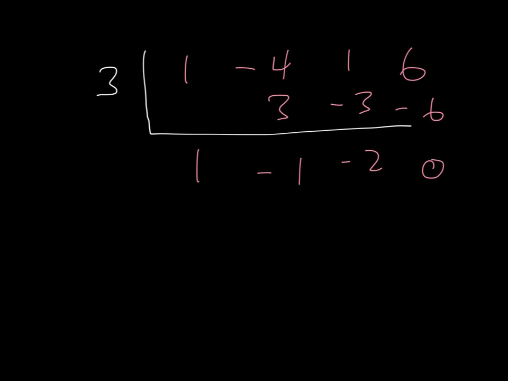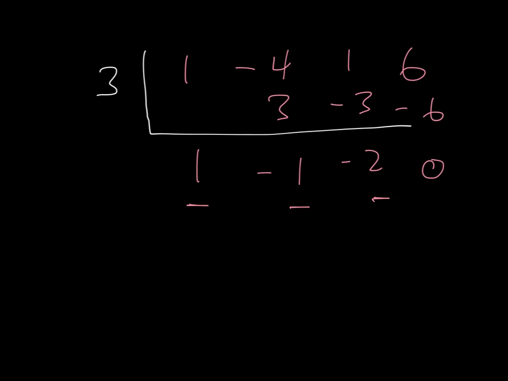Well, each of these values that we have here are coefficients in the resulting polynomial. Now, since we're dividing a polynomial that has an order of 3 by x, that means that the factor in our quotient would have an order that is reduced by 1. So that means my answer is going to be on the order of x squared.